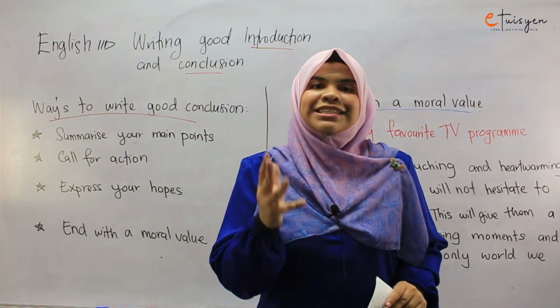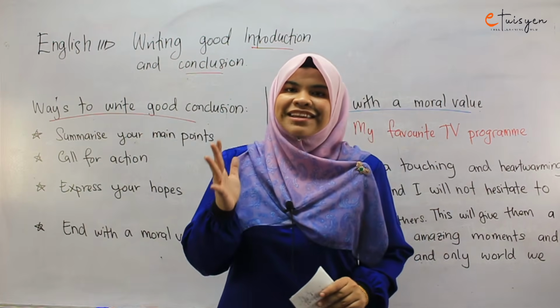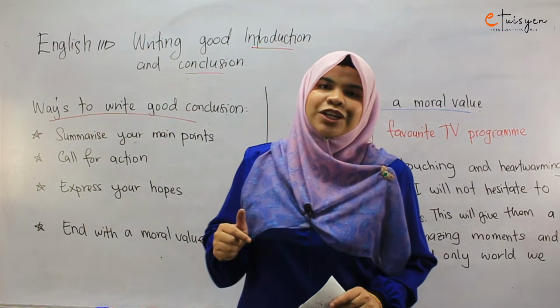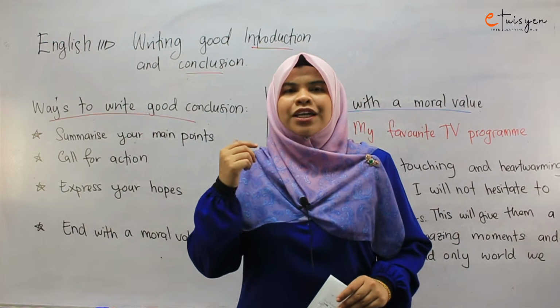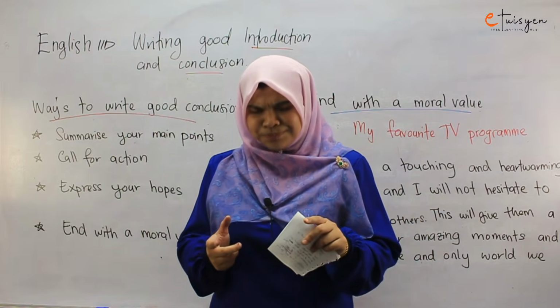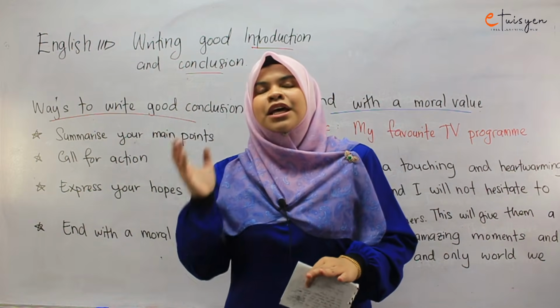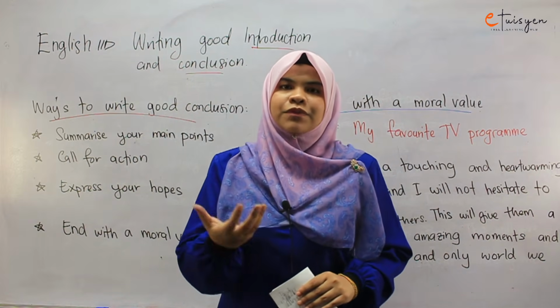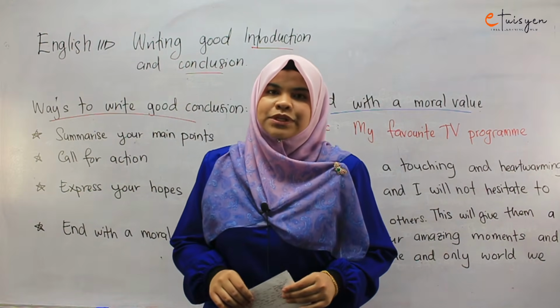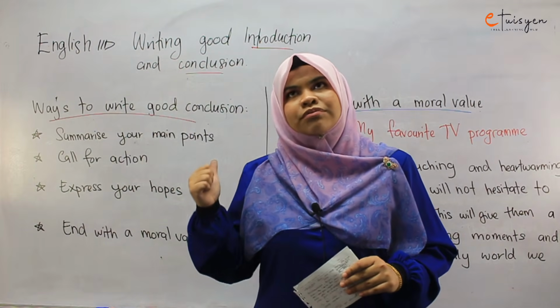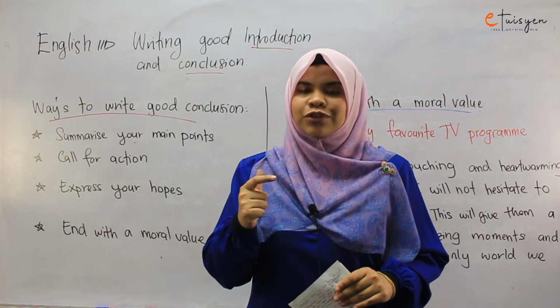The fourth one is using a question, and the last one is using a definition. But in this video, I was focusing on using an anecdote and also using a definition. If you want to know more about the other ways, do put it in the comments, and probably I'll give you some examples afterwards. So that's for a good introduction.